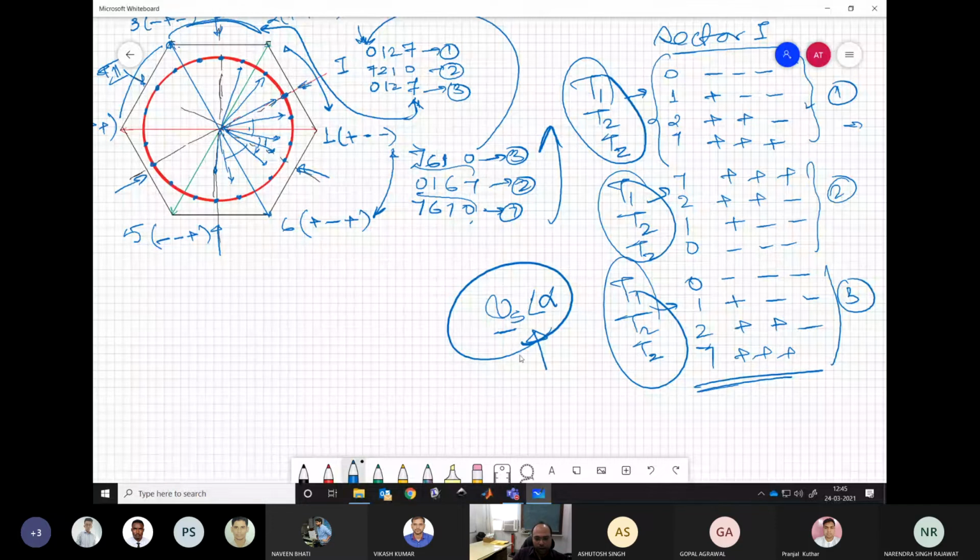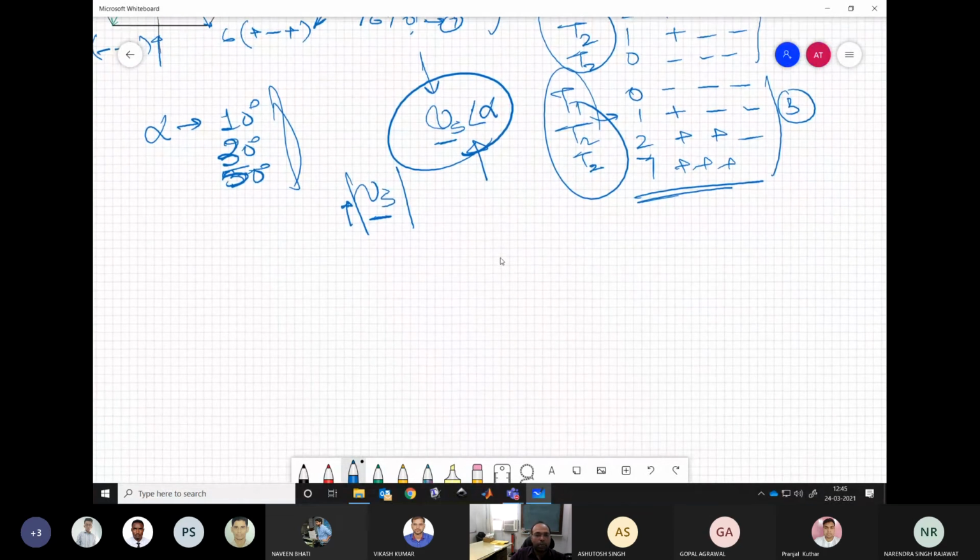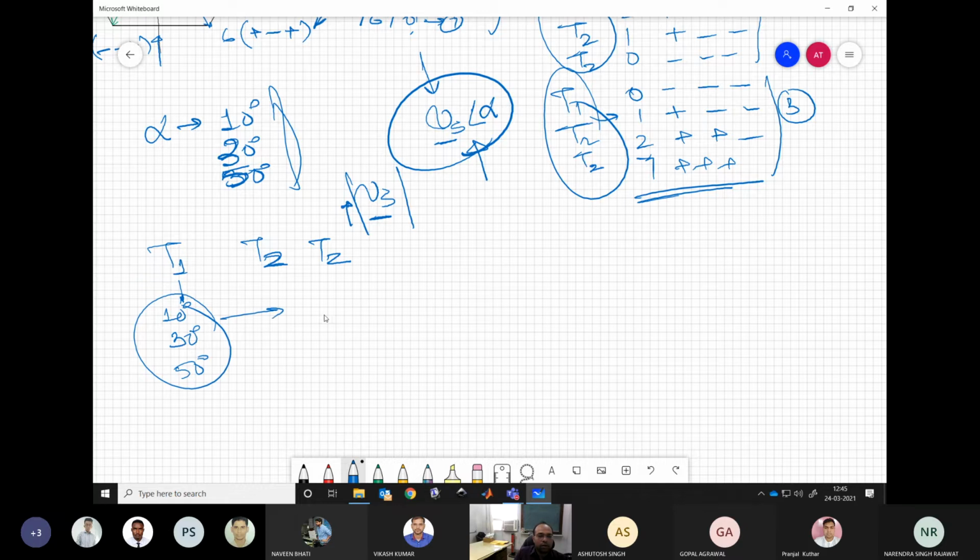Now, one advantage is there. If we are doing realization on a sector basis, we know that alpha has only 3 values: 10, 30 and 50. And we know that the magnitude of this Vs vector is also fixed, which means our T1, T2 and TZ can have only 3 values, one corresponding to 10 degrees, another to 30 degrees, another to 50 degrees.